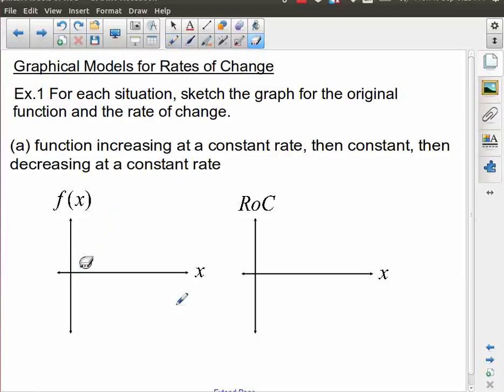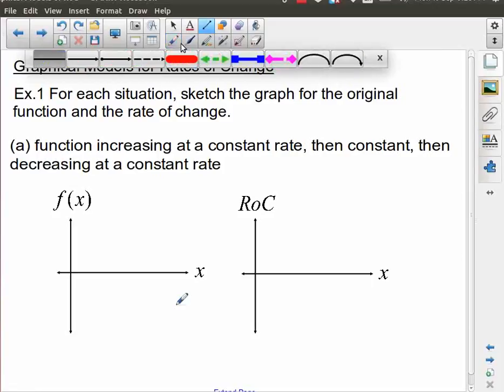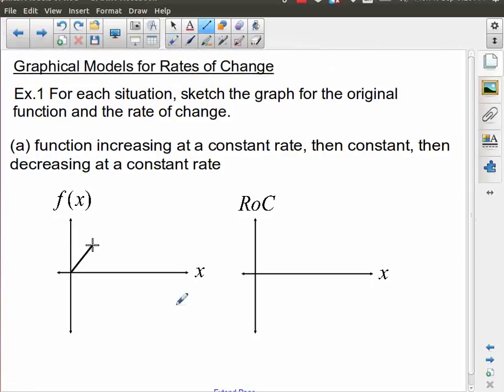But in this case, we're being told that it is increasing at a constant rate, which means it's going to be going up to the right along a straight line. So I'm just going to go ahead and start my function at 0, 0, and I'm going to do that consistently throughout these exercises. Here's a bit of advice: don't start your function too steeply or too shallow.